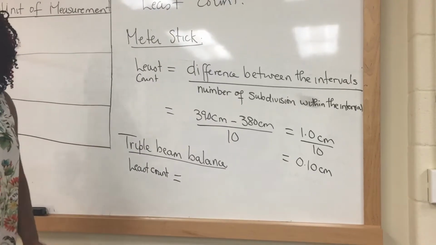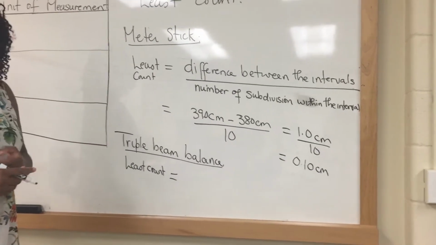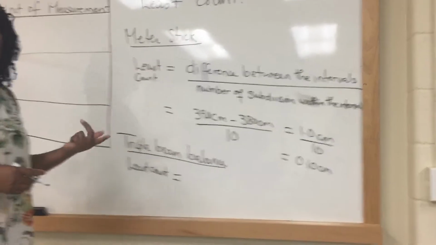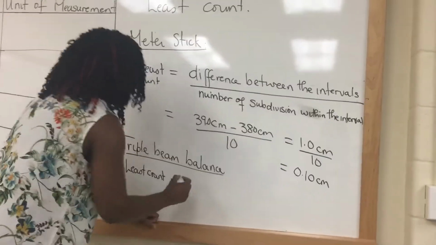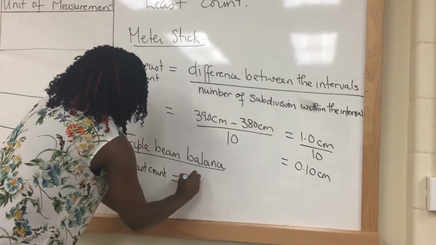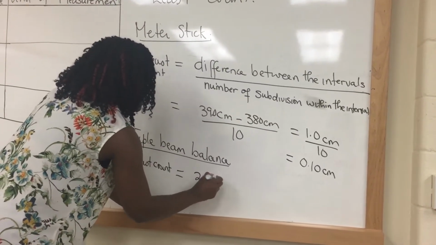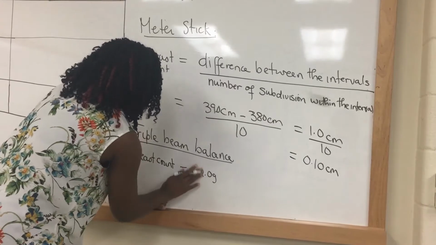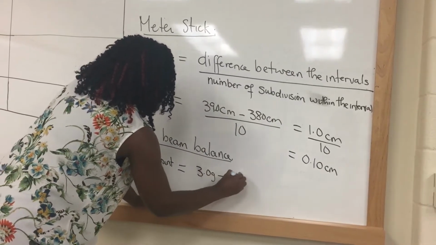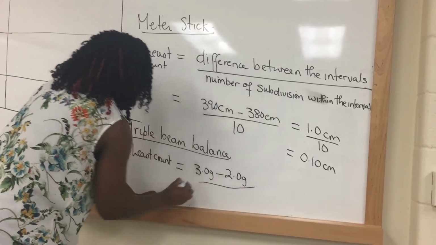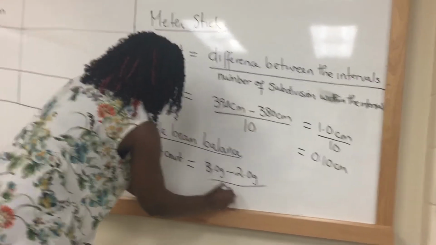Alright, so we're going to choose the intervals 2 and 3 on the triple beam balance. So here we will have 2.0 grams, so we're going to use 3.0 grams and 2.0 grams, and then there are 10 subdivisions between each.